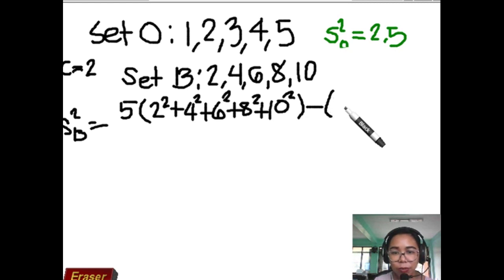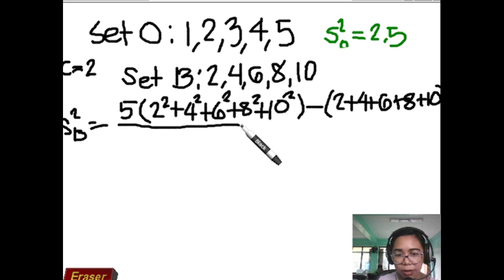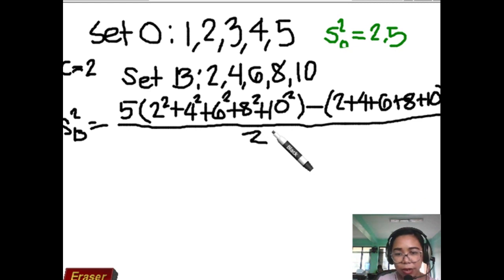Then we subtract it with the square of the sum. So we add them first before getting its square. Then we divide with still 20, n times n minus 1, so 5 times 4.